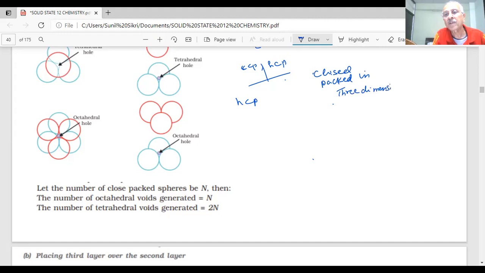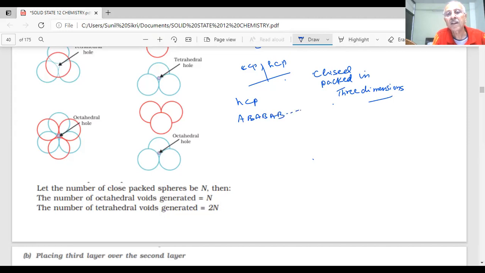What was the difference in the arrangement of the layers? In HCP, an AB type of arrangement was there.